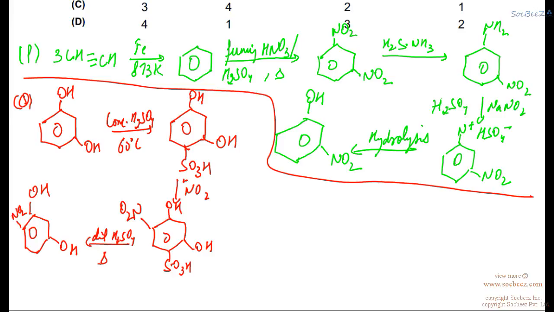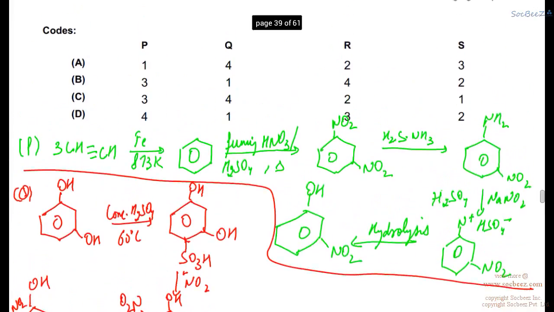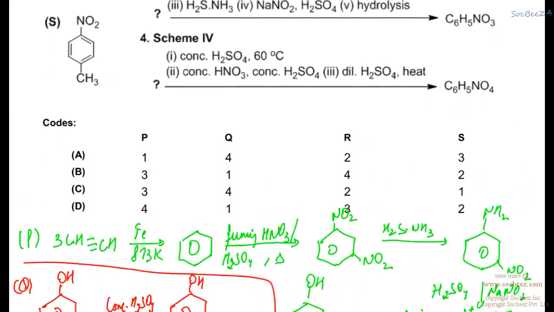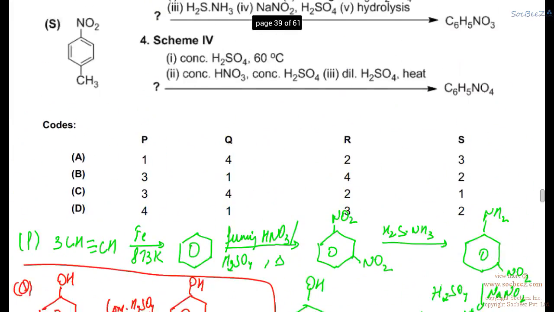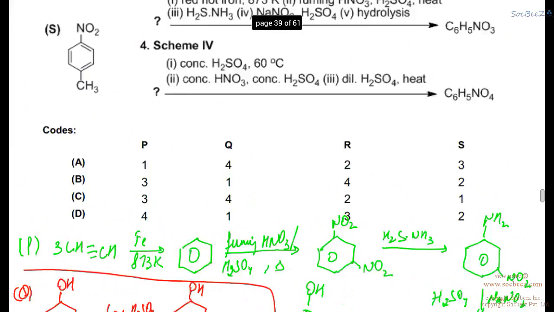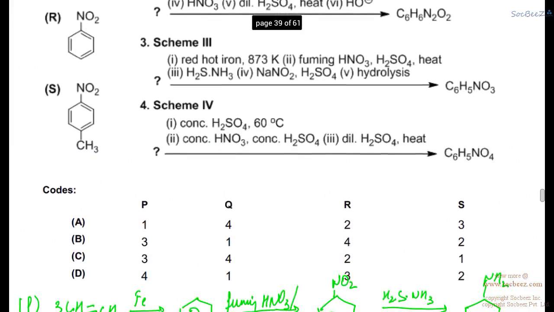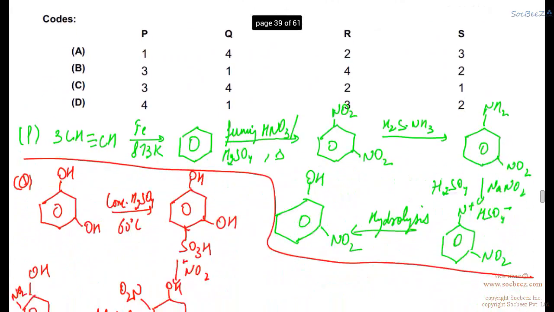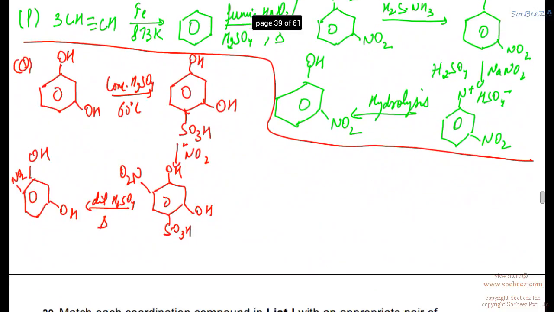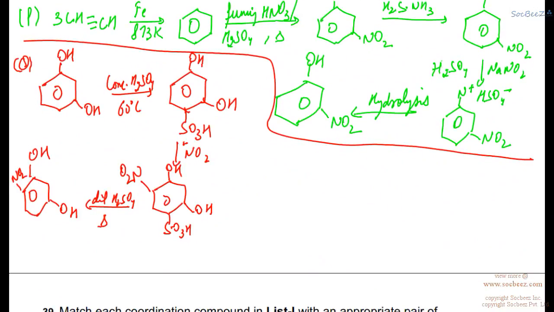So Q corresponds to 4. P corresponds to 3 and Q corresponds to 4. Now let's see what is happening in case of R.